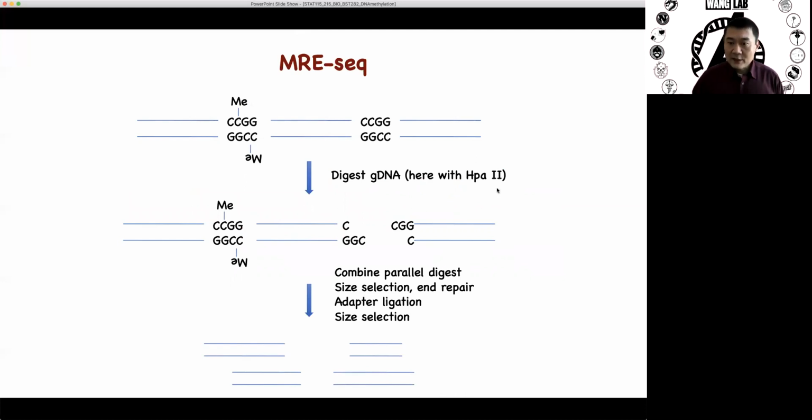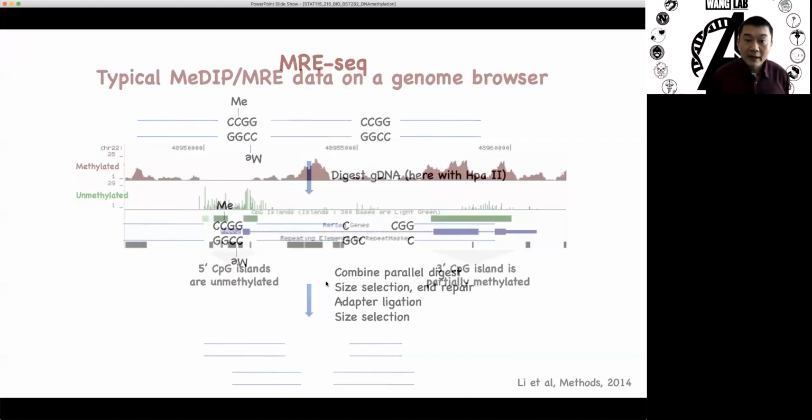In this case, HpaII recognizes CCGG, but it only cuts when the middle CG is unmethylated, right? So you're going to cut here, but not here. Then you can sequence the ends of these sites, and now you know precisely where the unmethylated CpGs are located, right? So this is MRE-seq.